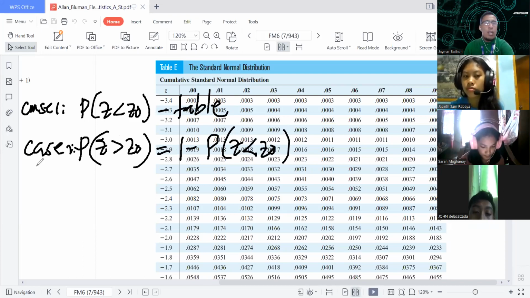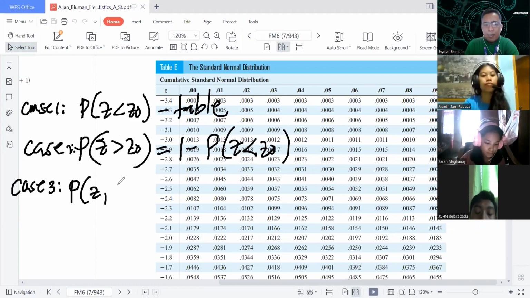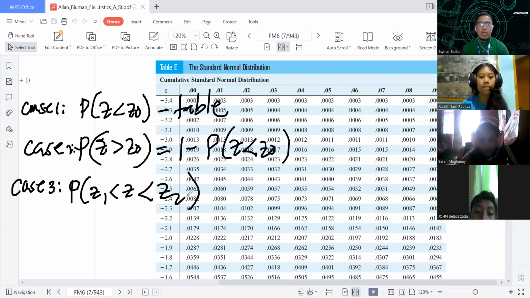Now, we will discuss the case number 3. The case number 3, class, is you have now 2 z-scores. The probability of z sub 1 less than z less than z sub 2. Your z value is in between the 2 z-scores.